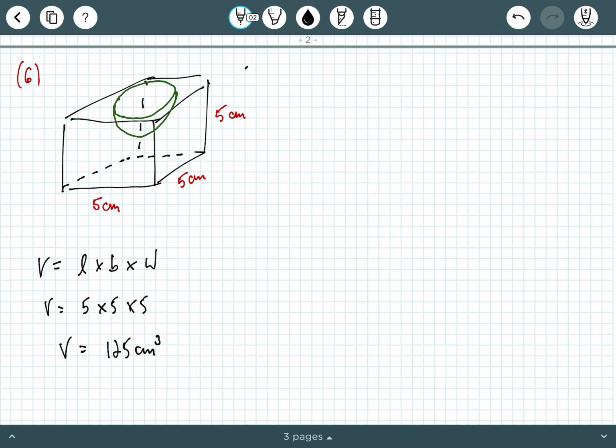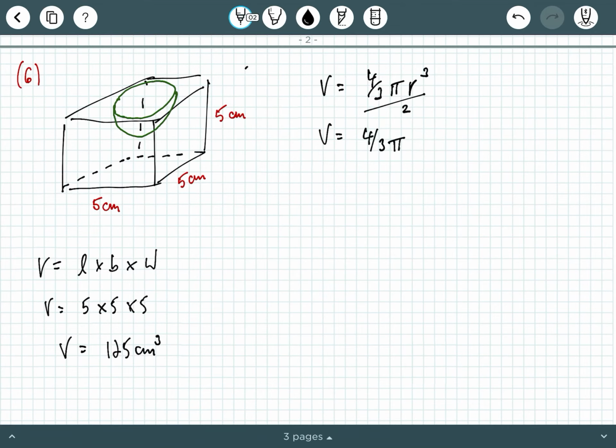Now we're going to get the volume of this hemisphere. The volume of a sphere is 4/3 pi r cubed. We don't want the full sphere, we want a hemisphere, so we want half of it. At the end we'll divide by 2, Keen, just to get half of it, but we'll continue on with the top for the start. So it's 4/3 pi.